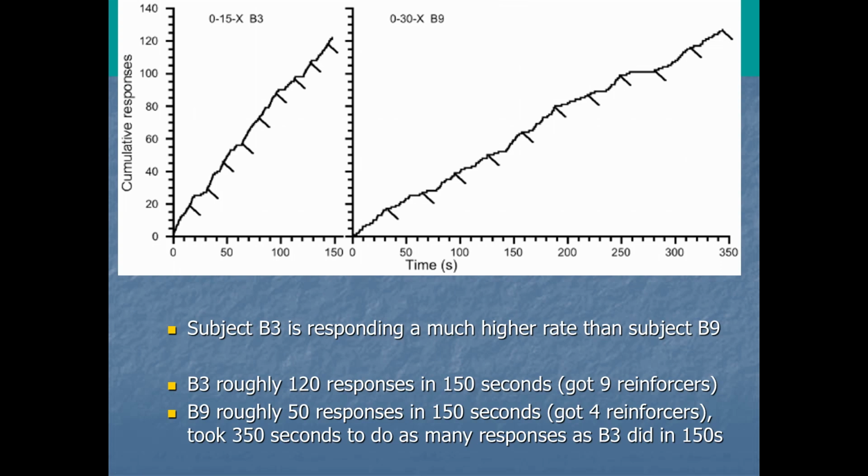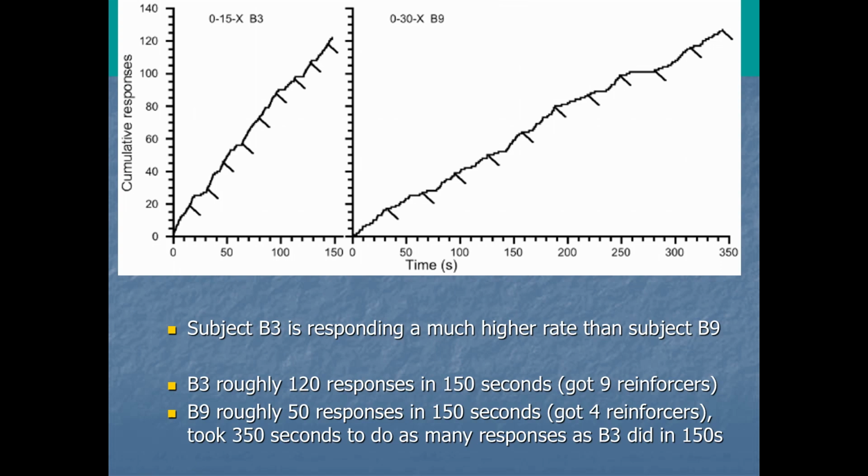So the graph holds quite a bit of information that we can also compare quickly and easily since it's visual. B3 did roughly 120 responses in 150 seconds and got how many? 9 reinforcers. Just by counting up those tick marks, we can see how much food B3 got. What about B9?